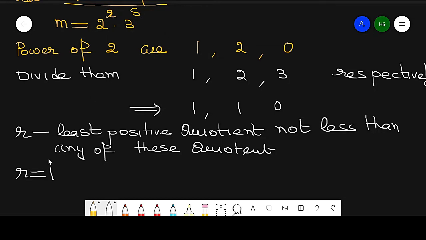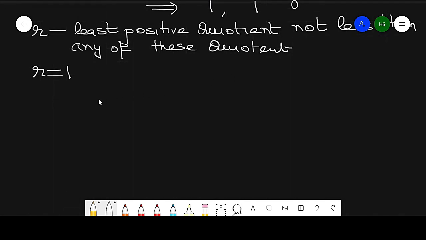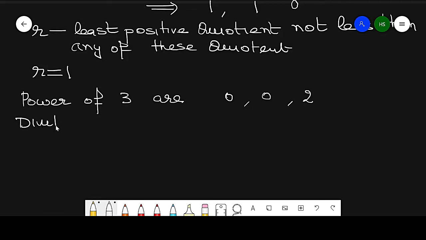Now similarly, in the case of 3 raised to power s, the powers of 3 are 0, 0 and 2. Now divide them by 1, 2 and 3.